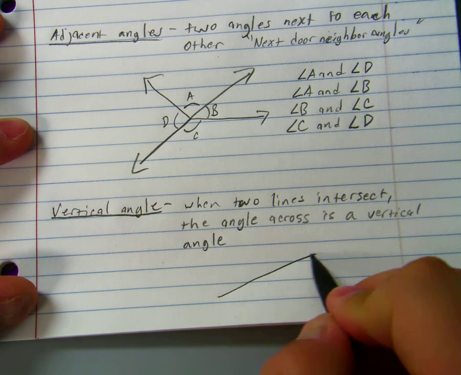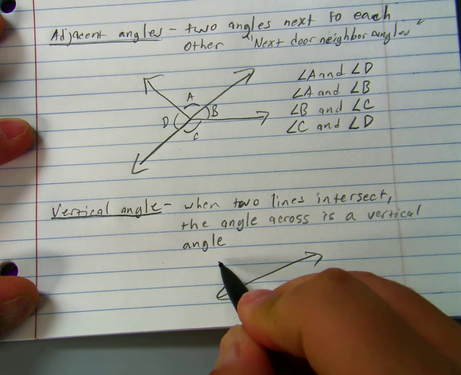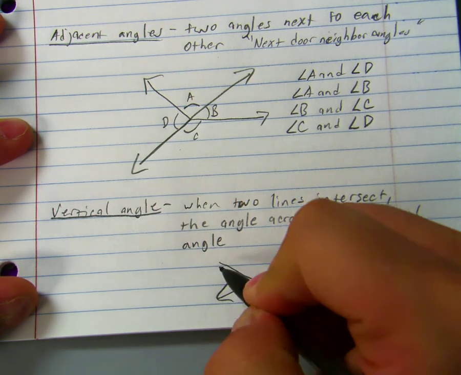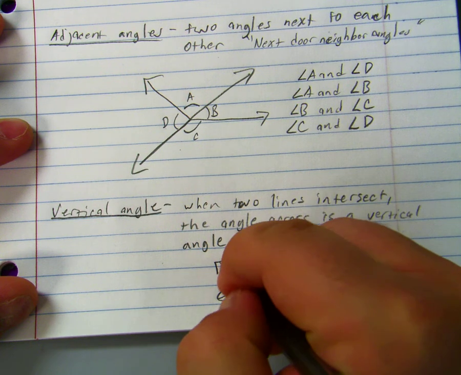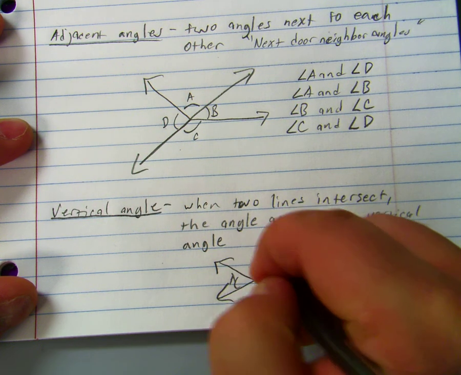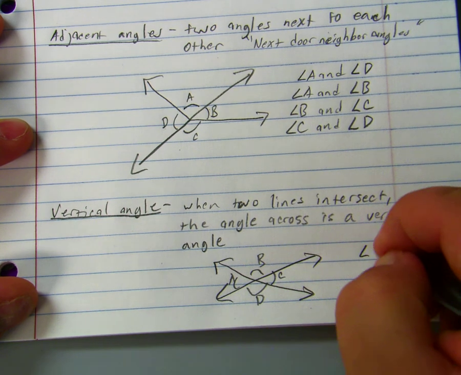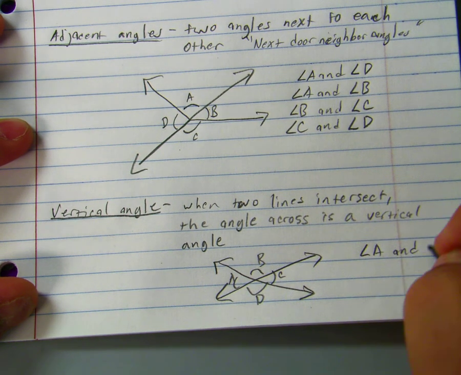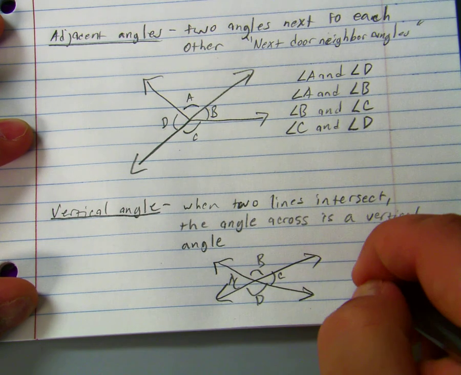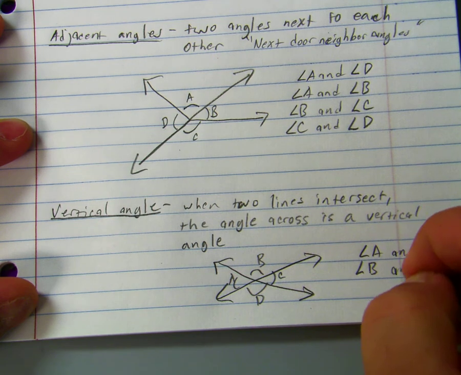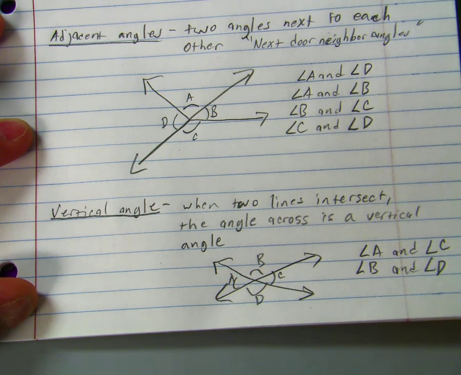So I have this line here intersecting with this line here, and again I'll have A, B, C, and D. Angle A and angle C are vertical, and angle B and angle D are vertical angles.